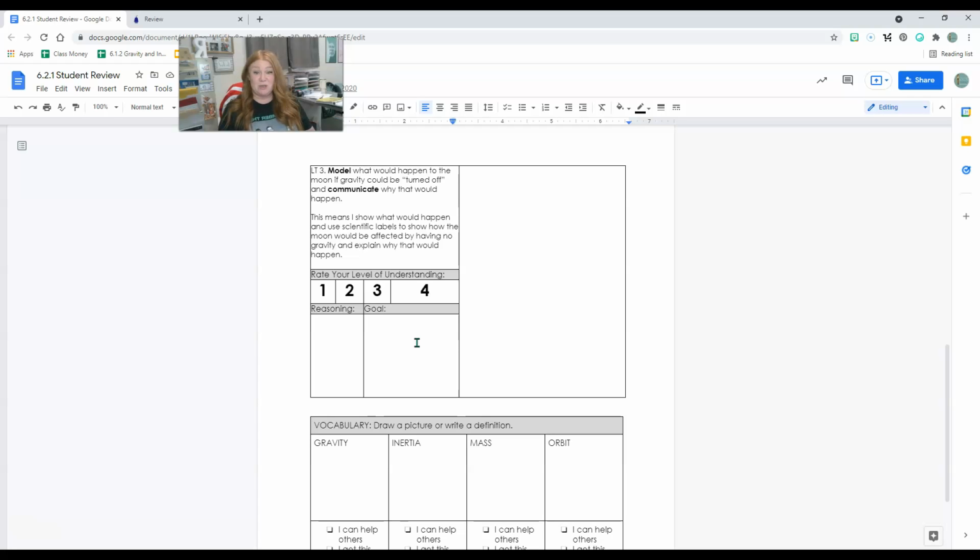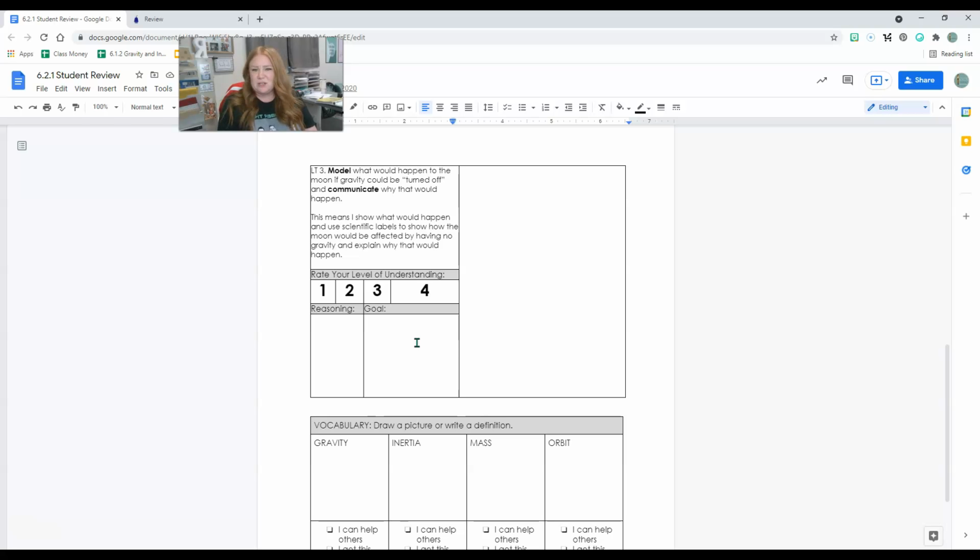Do you need to make sure you model and explain things? Do you need to make sure you use scientific vocabulary? Do you need to make sure when you use a vocabulary word that you give a definition to it? When you do this, you need to pretend like you're writing this like a 3rd grader, right? A 3rd grader doesn't know what the word inertia is. You have to explain it to them.